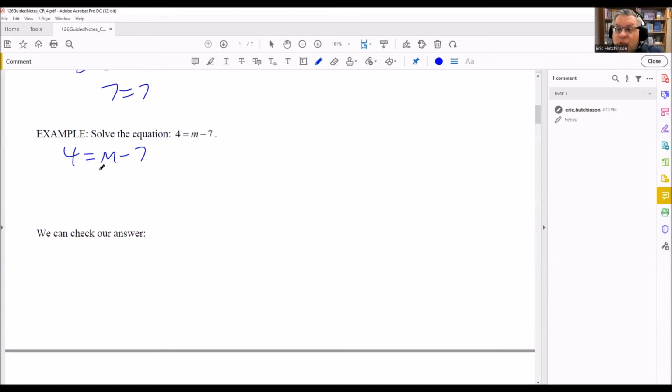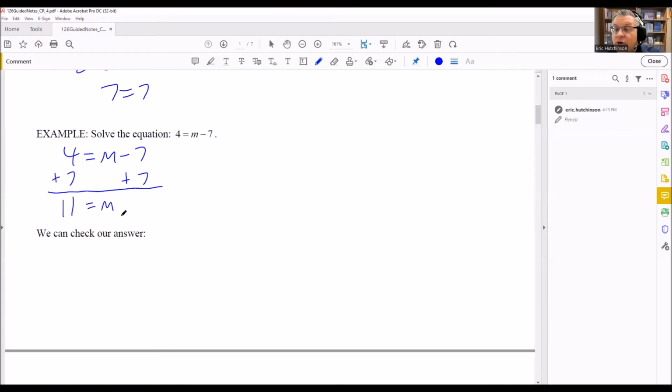So if I want to leave that alone by itself, that negative 7 needs to go away. So in order to get rid of it, I'm going to add a 7 to both sides just like that. So I add 7 there, and I add a 7 to the right-hand side. Adding it on the left-hand side will give you an 11.